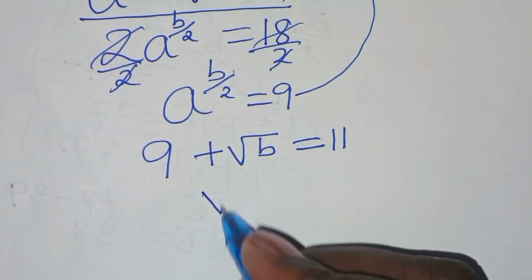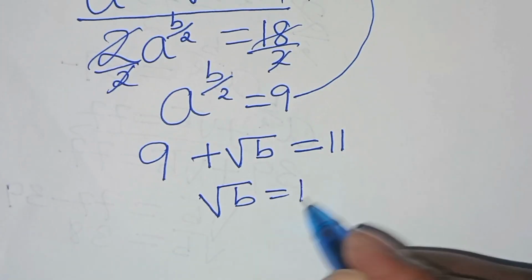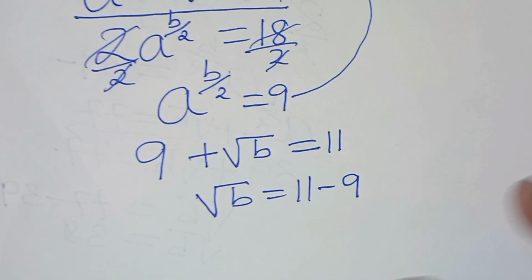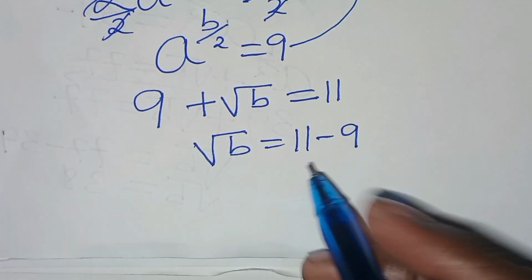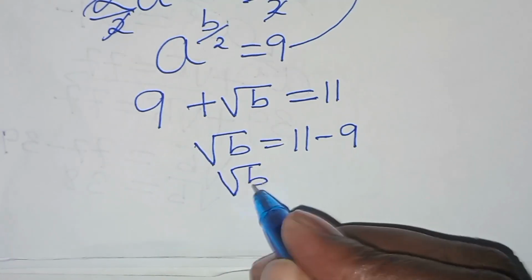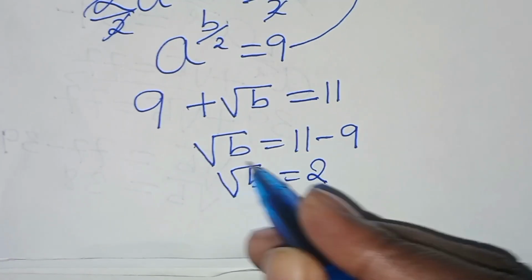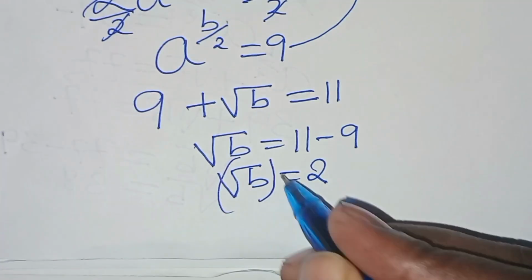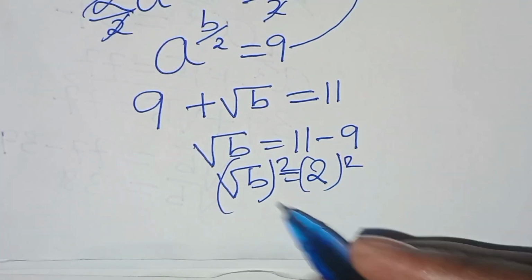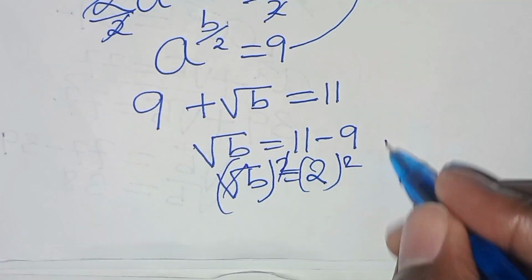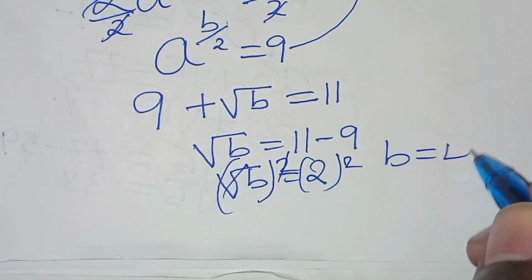So this implies that square root of b is equal to 11 subtract 9. Therefore, square root of b is equal to 2. And this means that we square both sides, so that b is equal to 4.